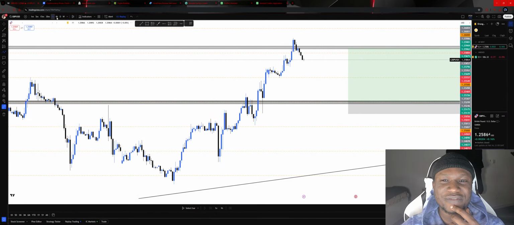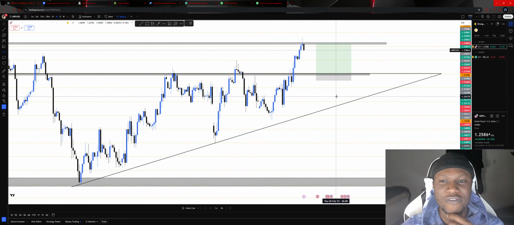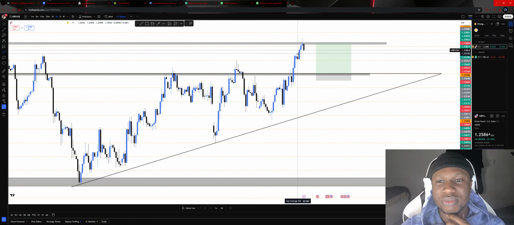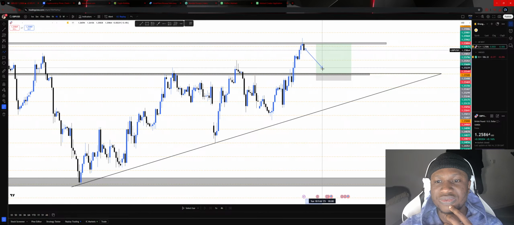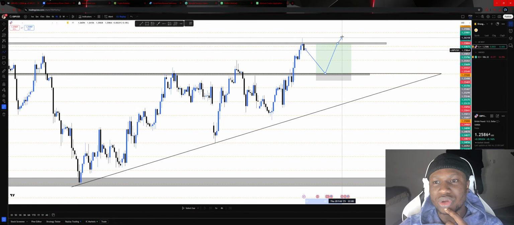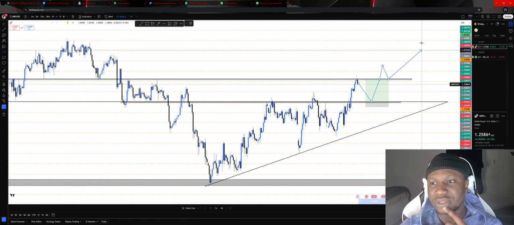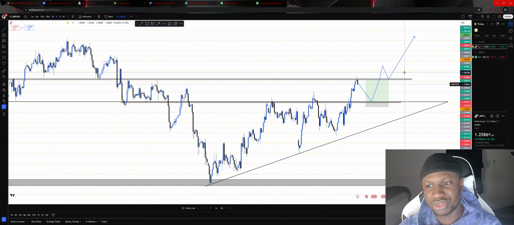On the 1-hour time frame, nothing really serious, but on the 4-hour, the way it closed, I will be looking to see what's going to happen later on. But I'm looking for a retest of this structure and then a continuation to the upside. If we then break this zone as well, I'm looking for a retest of it and then a continuation to the upside. It's pretty simple, nothing too crazy.